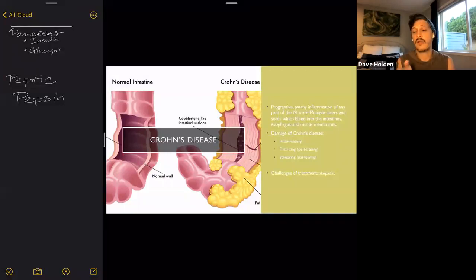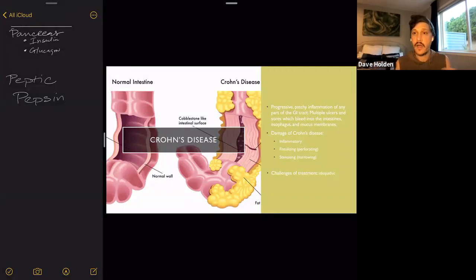So we've got damage where the wall has actually been eaten through and now whatever is in can leak out, as well as stenosing, which is a narrowing, based on the same kind of thing as we saw with the stricture. The intestines become inflamed and the inflammation narrows their lumen and reduces the ability of material to pass through the intestine.